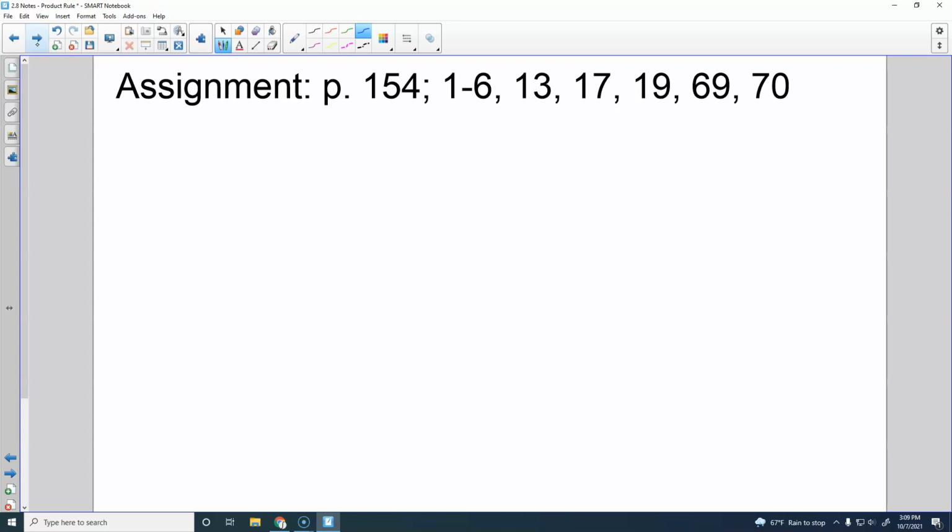All right. Let me check real quick and see if we can still do all these because I'm not sure about. Let's see, 154. You should be fine on 1 through 6. 13's fine. 17's fine. 19's alright.